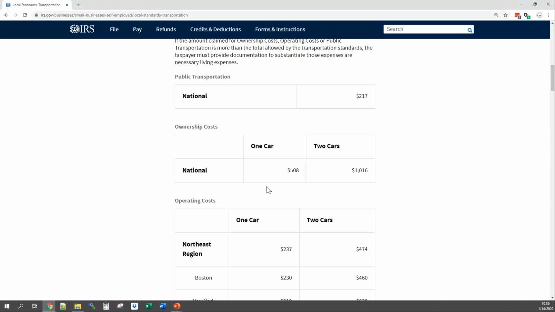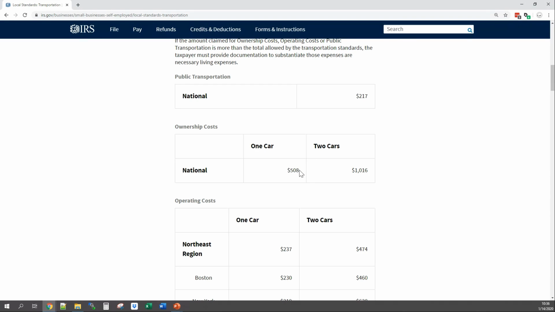Also, the dollar amount that you see here on the screen for the current standards becomes a lesser of scenario. The taxpayer is not allowed to claim $508 a month for a car payment if their car payment is actually less. This is a cap.